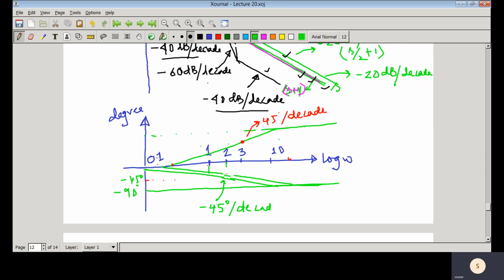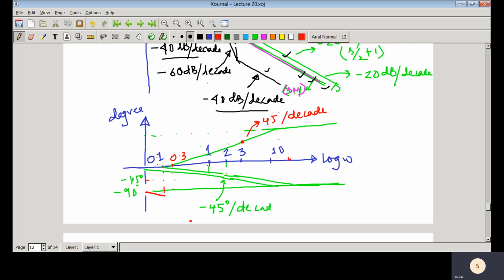So now if we add those things, what will you get? We can see that it starts from 90 degree and up to this there will be a slope, and then from here to here, because here that would be 0.3, here that would be 0.3.